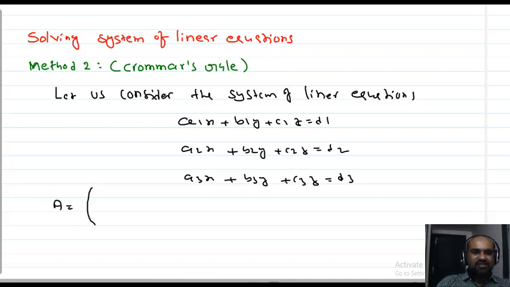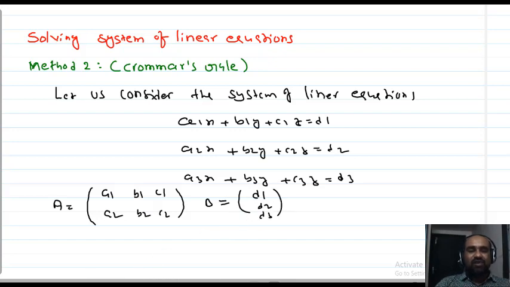Coefficient matrix A, that is a1, b1, c1, a2, b2, c2, and the constant matrix is B, that is d1, d2, d3. Now, important thing: to use this method, we need to create three new matrices.